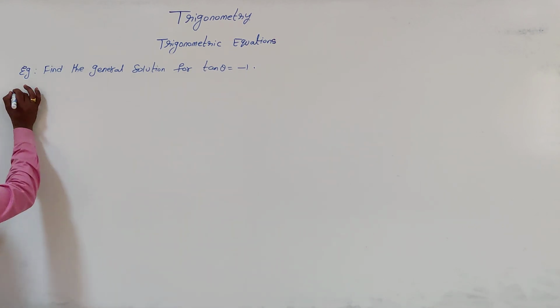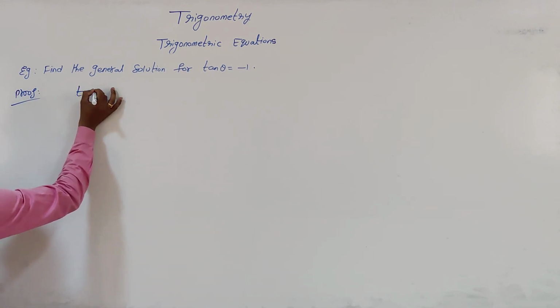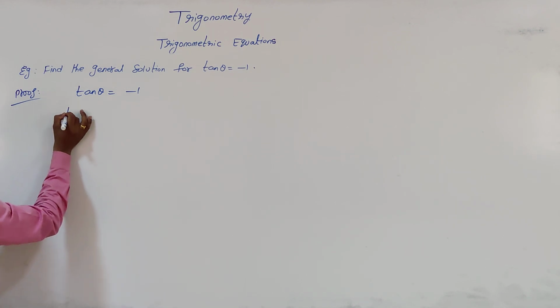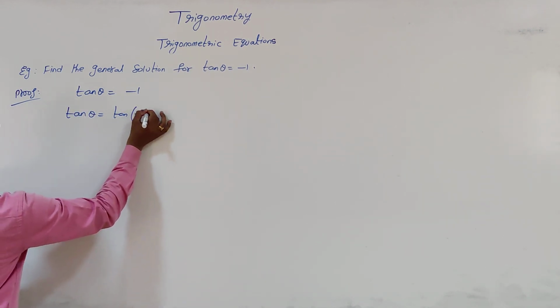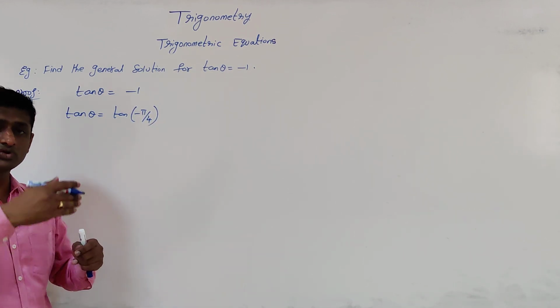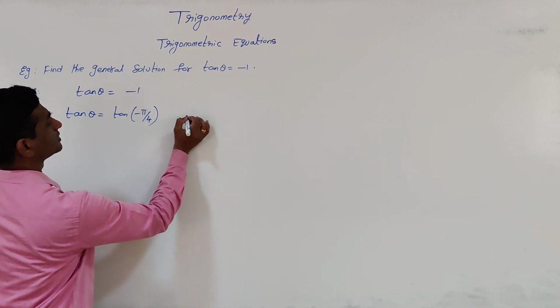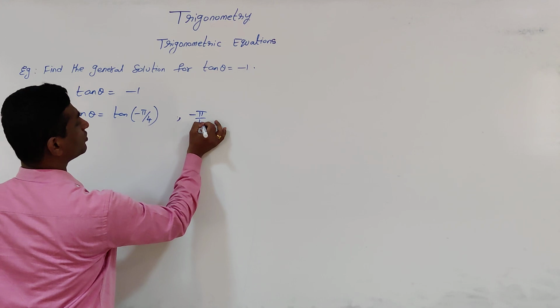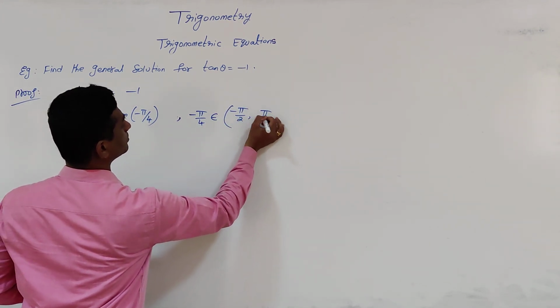Now we will see the proof. Tan theta is equal to -1, means tan theta is equal to tan of minus pi by 4. Tan of minus pi by 4 means if you rotate in the clockwise direction, it gives a negative angle. Why? Because minus pi by 4 belongs to the open interval minus pi by 2 comma pi by 2.